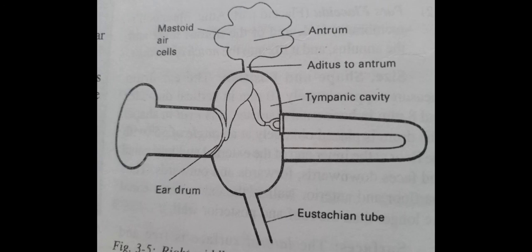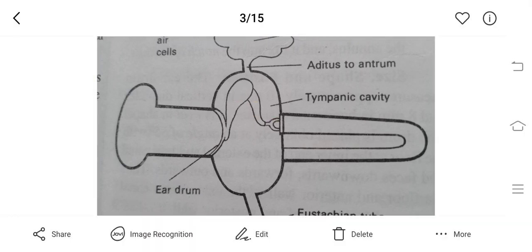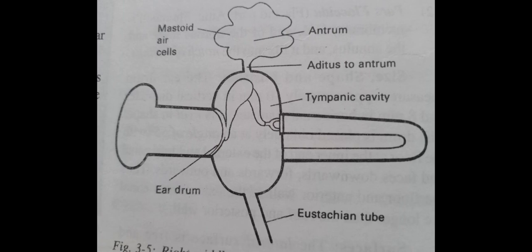Then it conducts the sound to the eardrum. This is the eardrum. Okay, when the sound waves fall on the eardrum, it sets into vibrations, and these vibrations are transmitted to the cochlea through this ossicular chain. It goes into the inner ear. Okay, so this is the conducting apparatus.